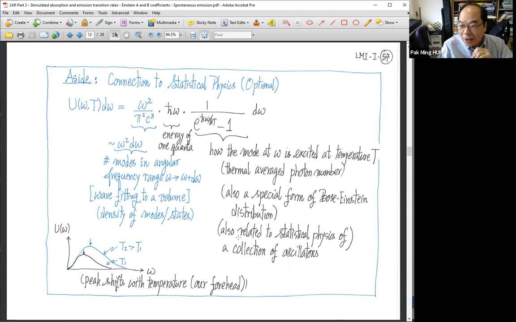Nowadays, we are using this formula day in and day out. For example, if you use this formula to plot two temperatures, you fix the temperature to T1, T2. So for the whole distribution in frequency, the lower one is of lower energy, the higher one is of higher energy. If you integrate this whole thing over frequency, the area under the curve goes like T to the fourth power.